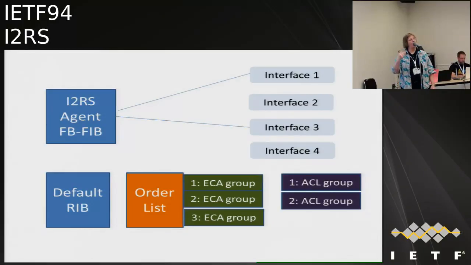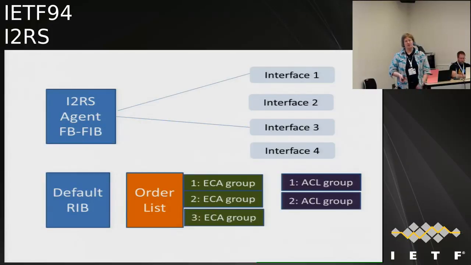So you have an ordered list. One, match on this; two, match on maybe the V4 type of service, and that creates an ordered list of filters. As a packet comes in on the wire on one of these interfaces, you go through the event condition ordered lists, determine what to do, and that's what a filter-based RIB is.